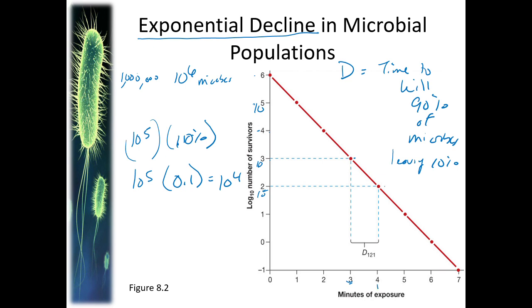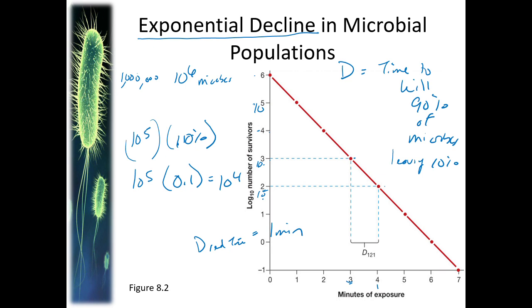So how long did it take us to reduce from 10 to the 3 to 10 to the 2? 1 minute. So in this case, the decimal reduction time is 1 minute. Does that make sense? Yes, Grace.